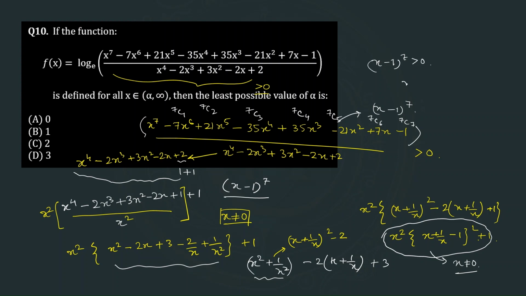So from here we get x should be greater than 1. And this also satisfies our condition that x not equal to 0 because x is greater than 1. So x should belong to the interval 1 to infinity. So here the least possible value of alpha will be 1. Option B will be the correct option for this question.